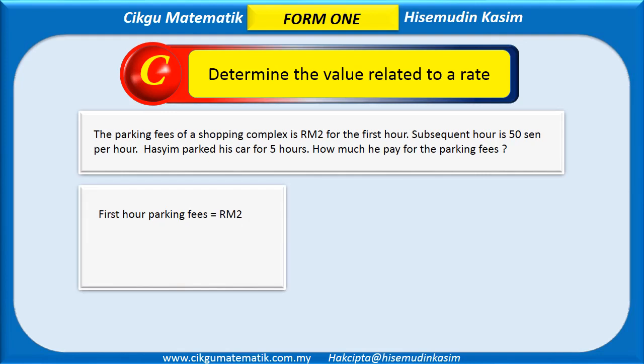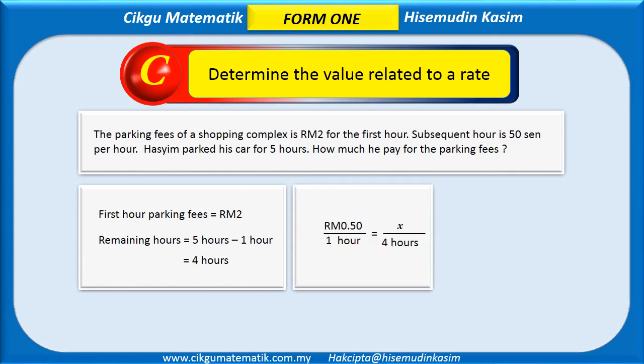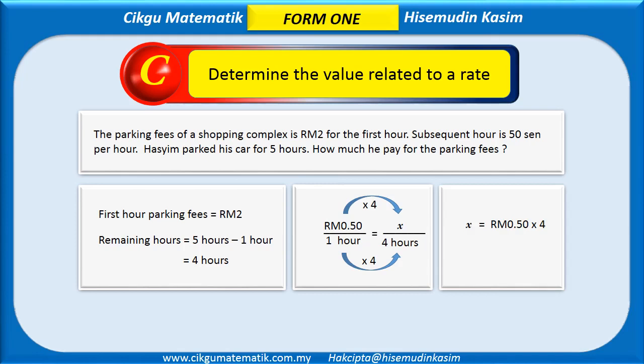First hour parking fees is 2 ringgit. Remaining hours is 5 hours minus 1 hour equals 4 hours. 0.5 ringgit per 1 hour equals x per 4 hours. 1 hour times 4 equals 4 hours. 0.5 ringgit times 4 equals x. x equals 0.5 ringgit times 4 equals 2 ringgit.